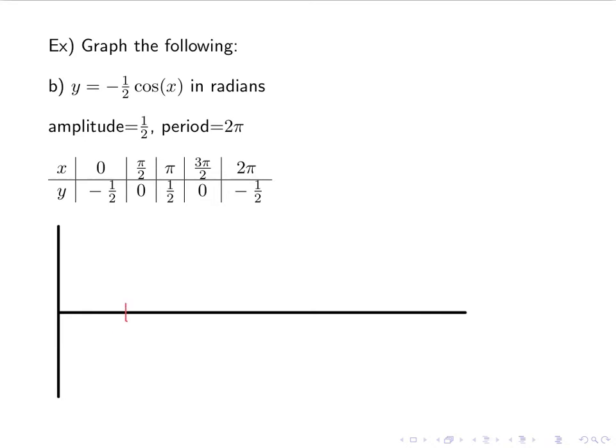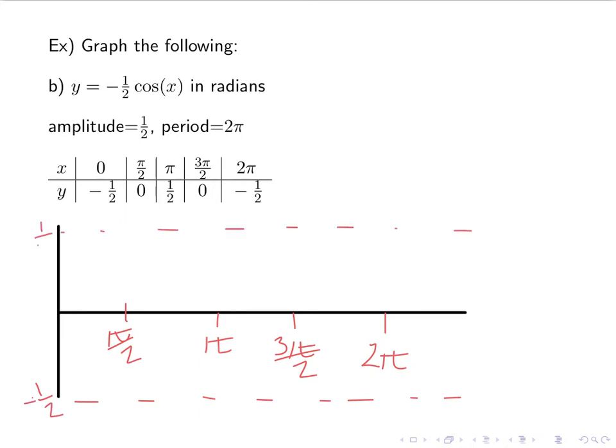So then I have 0, then pi over 2, then pi, 3 pi over 2, 2 pi. Down here will be -1/2. Up here will be +1/2. And then, again, since it's negative, we're starting at -1/2, 0, 1/2, 0, -1/2.